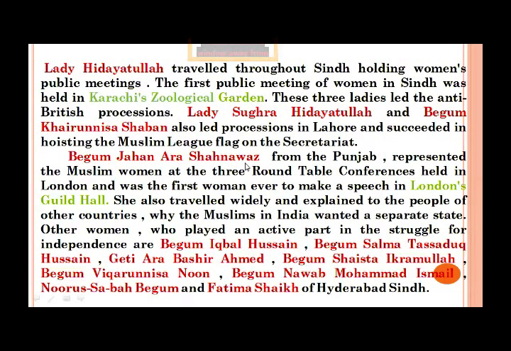Begum Jahara Shahnawaz, another name, was from the Punjab. She represented the Muslim women at the three round table conferences held in London and was the first woman. It was a big achievement by a lady, and she was the first woman ever to make a speech in London's Guildhall.